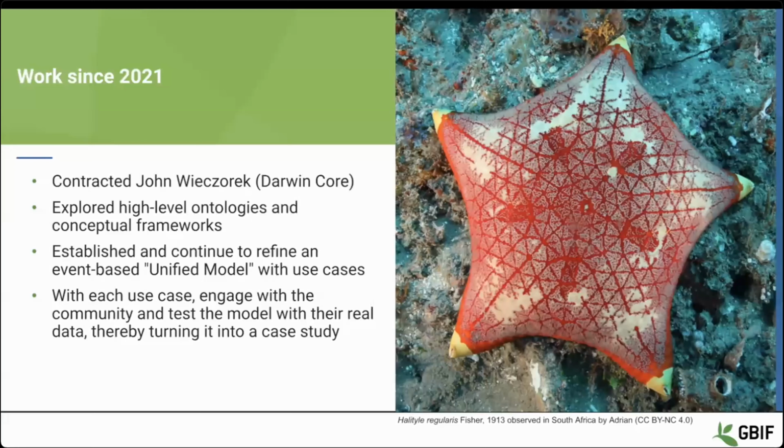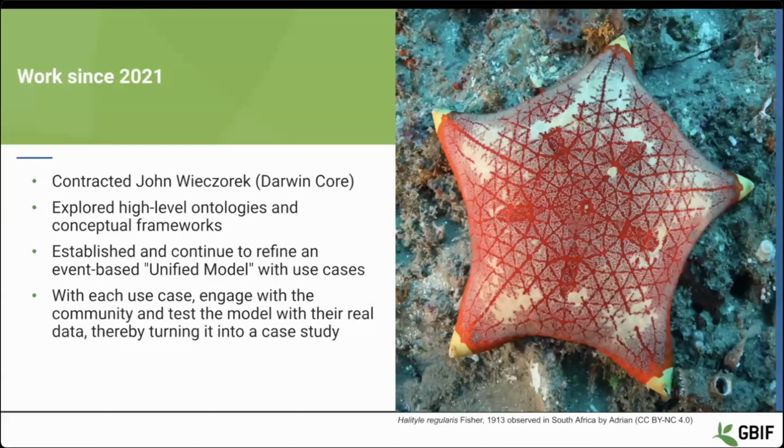The work began with a survey of high-level ontologies, conceptual frameworks, and databases that model physical entities and processes and the relationships between them. The results of that study, combined with a broad overview of communities of practice ready but unable to share data meaningfully, we arrived at an event-based conceptual model against which to test use cases.